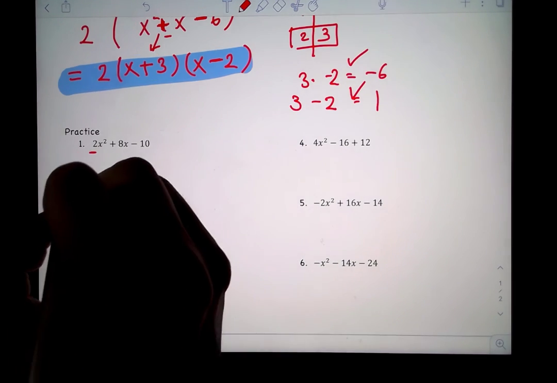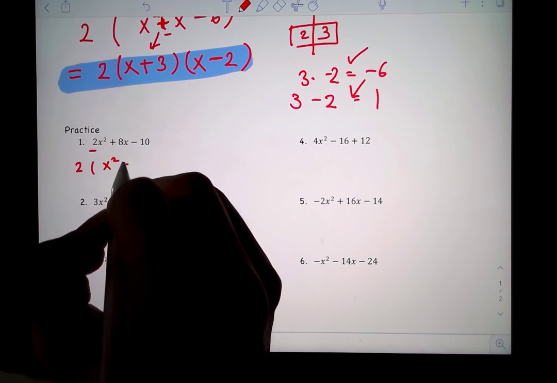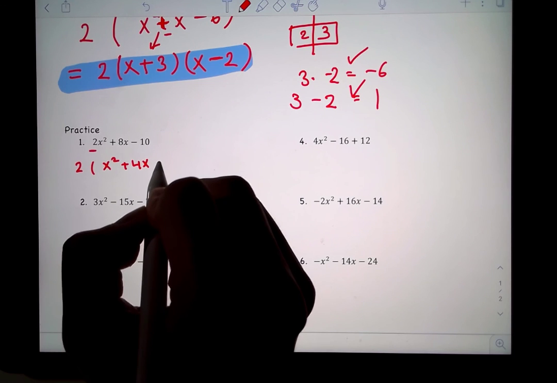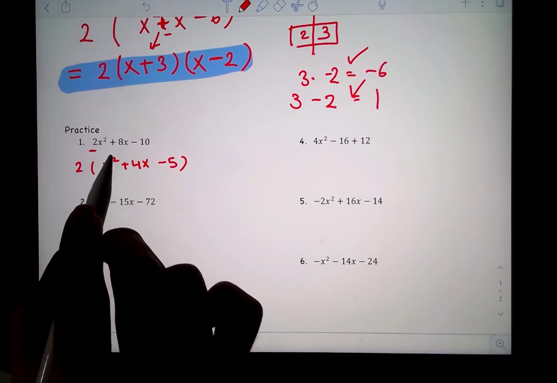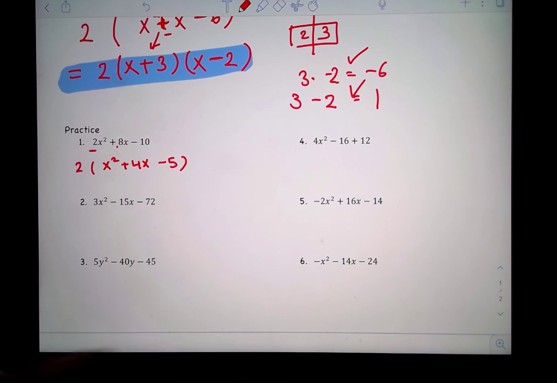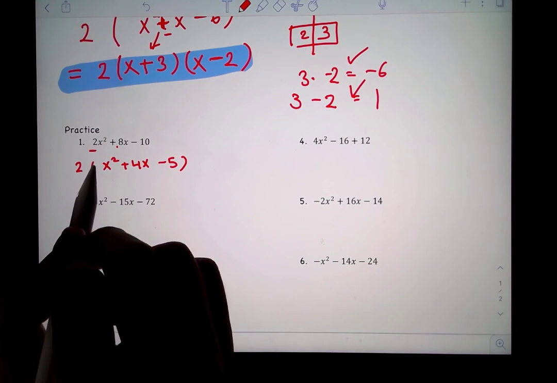So I'm going to factor by 2, then x squared plus 4x minus 5. So you just divide by 2, all right? From each number, you divide by 2, then you will get it. And then what do we do? We factor inside, because now your A is 1.